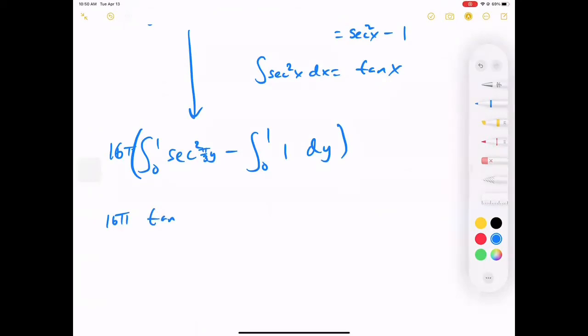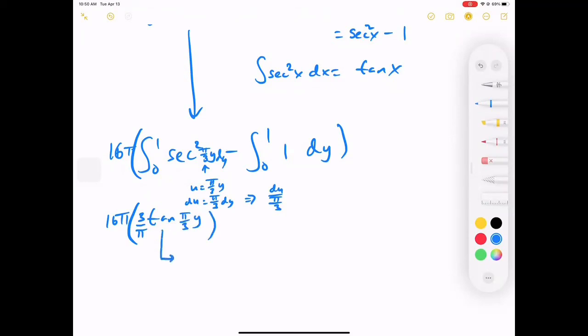Because we have this, we use u substitution. u is equal to pi over 3y, du is equal to pi over 3 dy, and then we're left with du over pi over 3. So we write 3 over pi, tangent of pi over 3y.